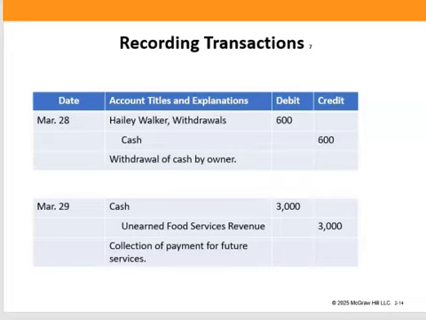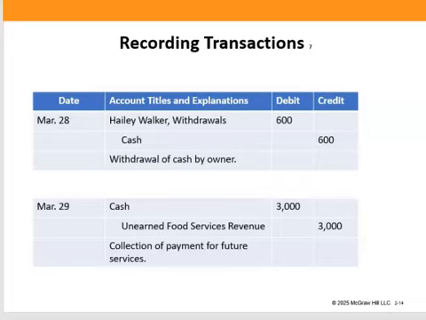Okay, so on March 29th, collection of payment for future services. So again, this is something in the future. And if you remember, we went through some accounts that look like this. Okay, so unearned food service revenue. So it has the word revenue in it, okay, but it's not a revenue account because it's unearned.